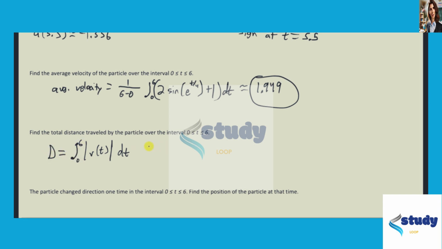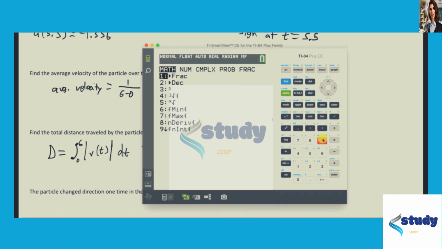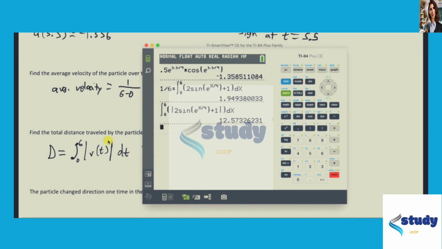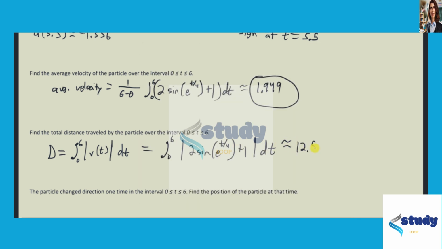That is the integral from 0 to 6 of the absolute value of 2 sin(e^(t/4)) + 1 dt. If we plug that in a calculator, the integral from 0 to 6 of the absolute value of 2 sin(e^(x/4)) + 1 dx gives us about 12.573.